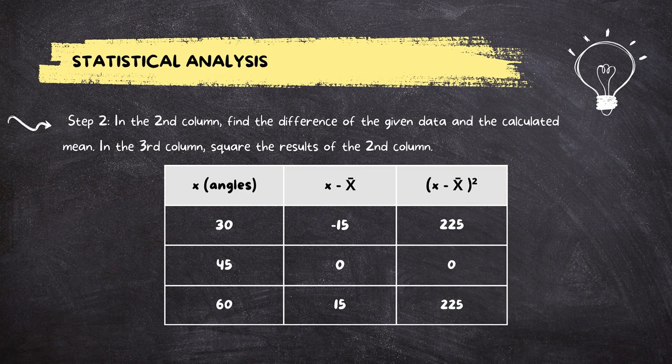Together: 30 degrees, then negative 15 and 225; 45 degrees, that will be 0 and 0; and lastly 60 degrees, 15 and 225.